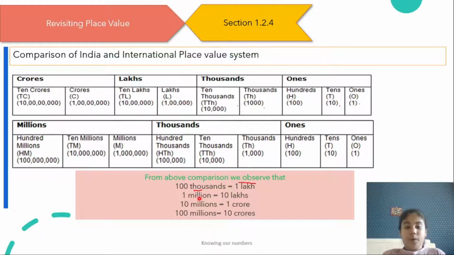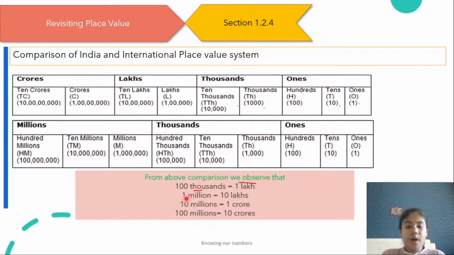And now let's see 1 million equals how many lakhs. Okay, now we'll count again: 1, 2, 3, 4, 5, 6, 7. We've counted 7 units, and we will do the same here: 1, 2, 3, 4, 5, 6, 7. We reached 1 million in the international place value system and 10 lakh in the Indian place value system.